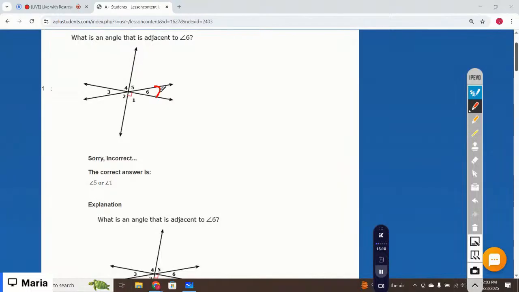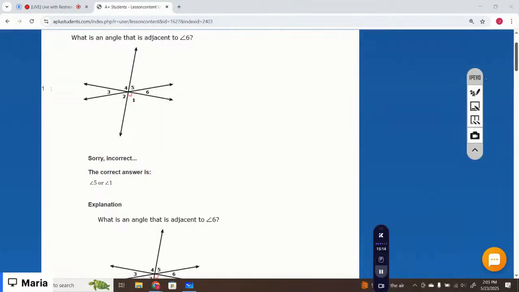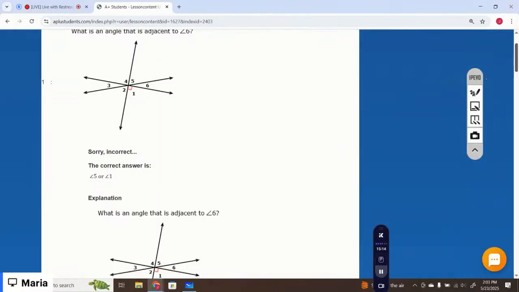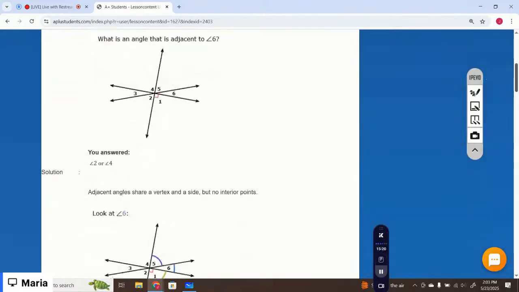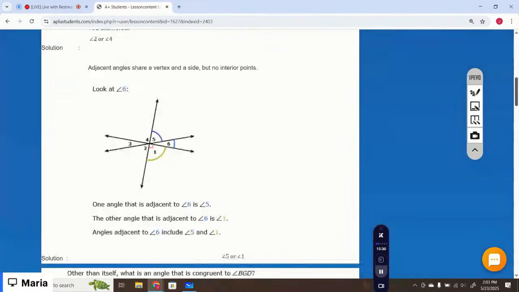The adjacent angles to angle 6 are angle 5 and angle 1. They both are adjacent angles. Adjacent angles share a vertex and a side, but no interior points. So adjacent angles share the vertex and the side, but no interior points. Noted.